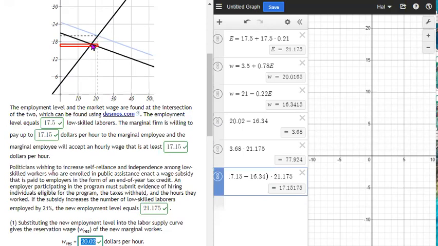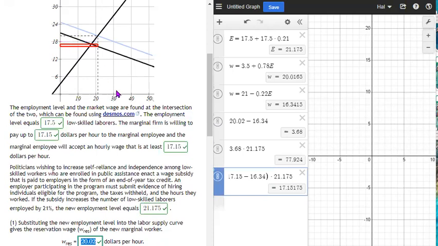Initially, they were only receiving $17.15. So the height of this box is the amount of the subsidy they receive. It's their share. The firms get this share, and workers get this box that's created by these dashed lines and this top red line, right?